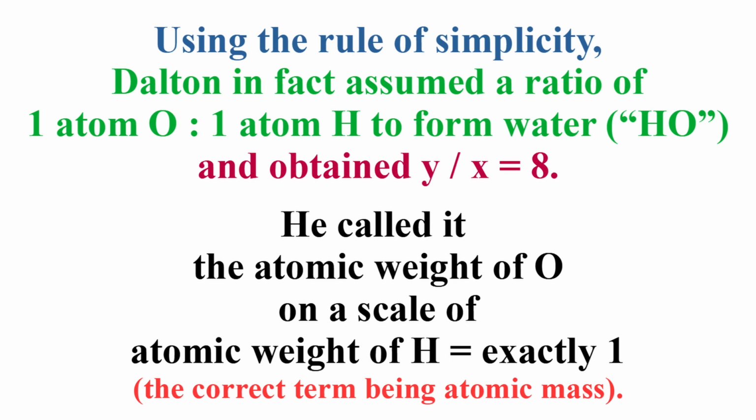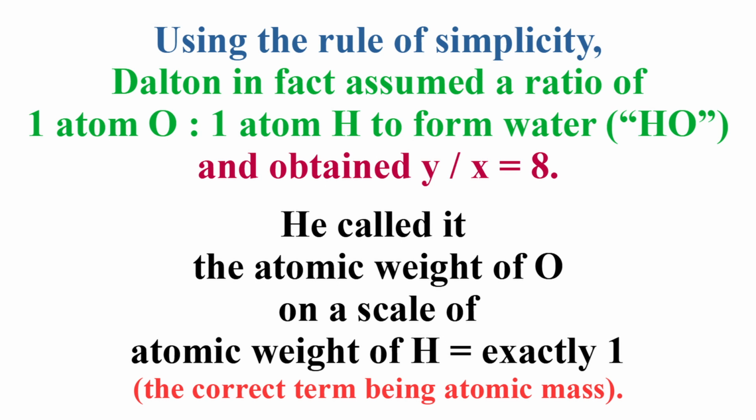Since he assumed the combining ratio of the numbers of atoms of hydrogen and oxygen to be 1:1 to produce a molecule of water, he obtained a wrong value for the atomic mass of oxygen.